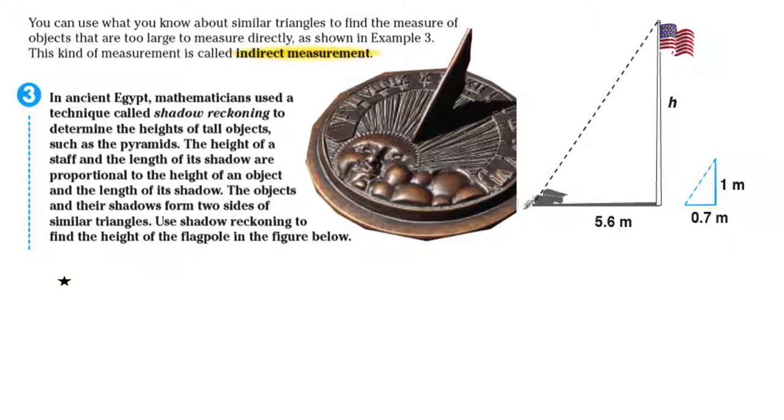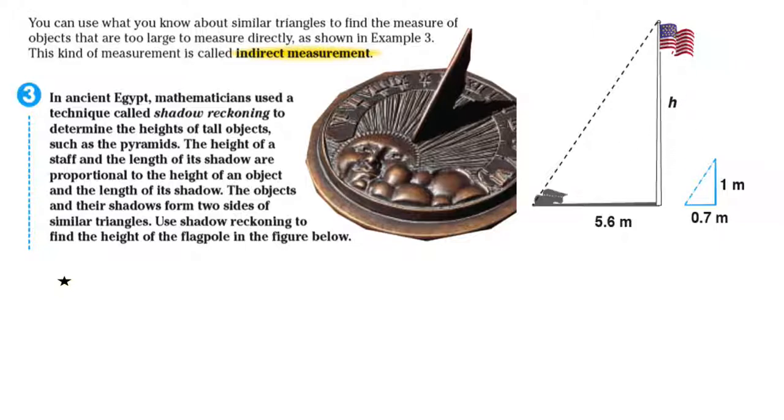So what is it saying? To find the height of a flagpole, they used in ancient Egypt a small staff, which is 1 meter long. If you notice, it forms two similar triangles. And we know for a fact if the angles of these two triangles are congruent, the sides are also proportional. So we can find the height of the flagpole by using a similar triangle like the one formed with the flagpole. If you use a meter stick and look at the shadows, the length of the shadow and the height of the meter stick, we can find the height of the flagpole.